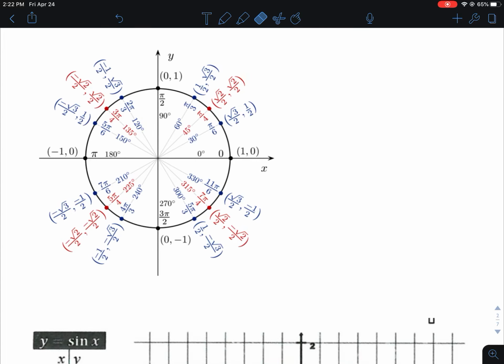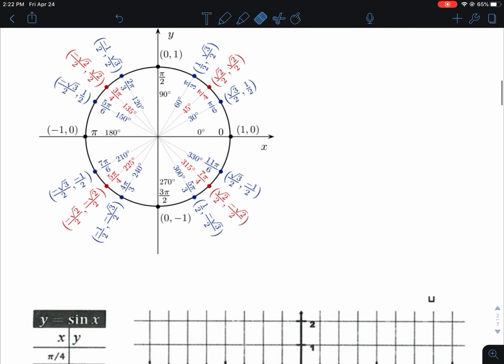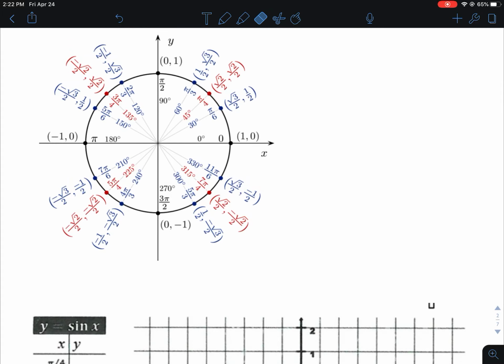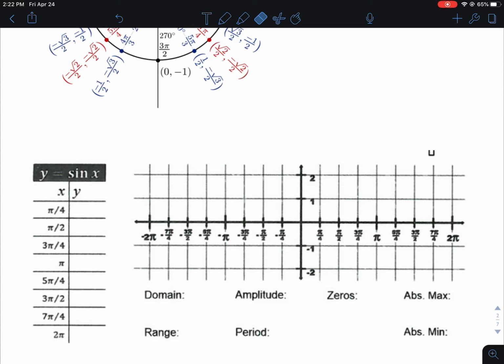Okay, so here, sine, cosine, and tangent functions are all periodic functions, hence why we're focusing on that. And we're going to use the values from the unit circle to graph these functions so you can start to see what they look like. So on your paper there, you have a little XY chart, which you see here, with some X values.